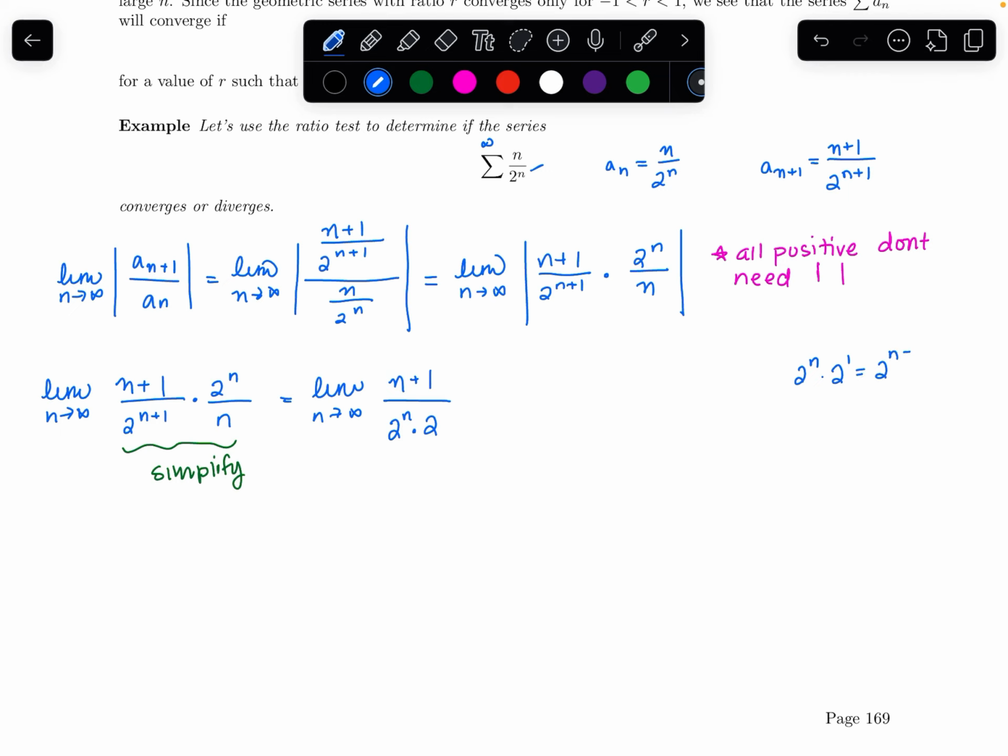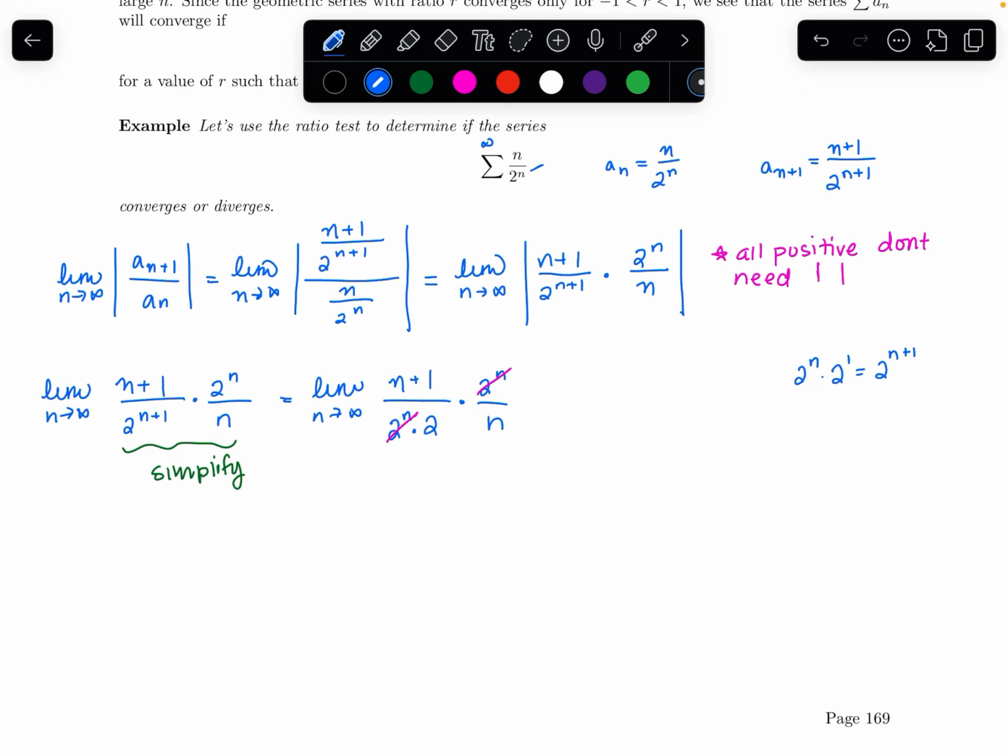There's that rule where when we multiply things that have the same base, we add their exponents. The reason why this is nice is because now we can cancel out the exponentials, which is the goal. Canceling out these exponentials, canceling out these factorials. This is why it's useful.